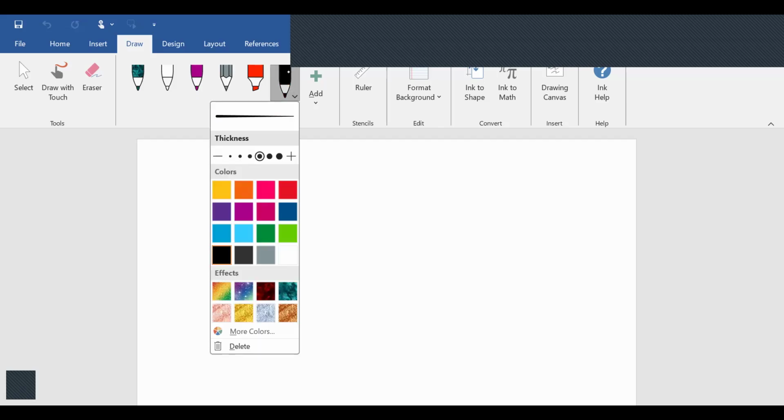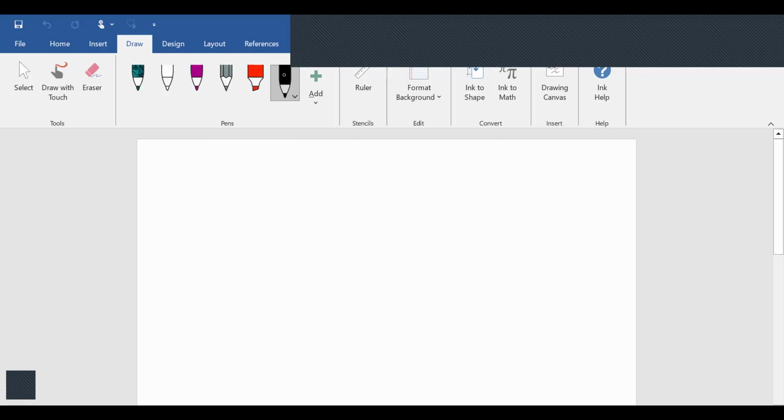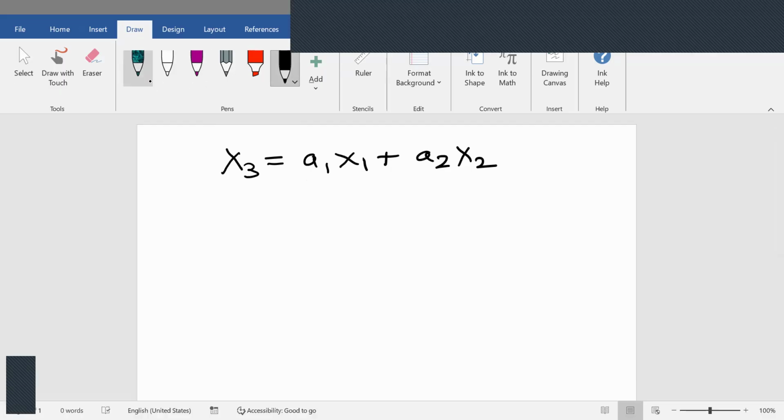What I'm going to do now is express one of those vectors, let's say x3, as a linear combination of the other two. So I'll write this as x3 equals a1 x1 plus a2 x2. Now we will write the values of x3, x1, and x2 in this equation.